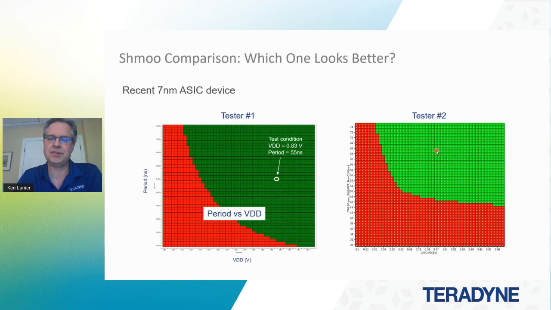We tried it on a second tester, got a result that looks like the thing on the right. And clearly, if you looked at this, you'd rather have the one on the left because, I could potentially go down and spec my part either at a higher frequency or a lower voltage, knowing that I have a test capability that will consistently validate that.